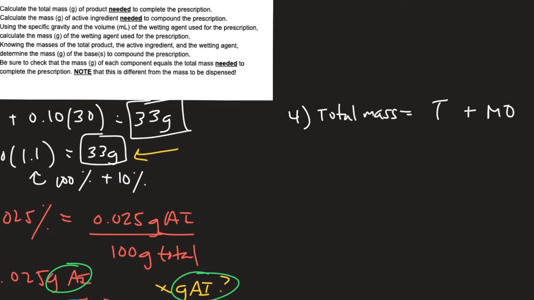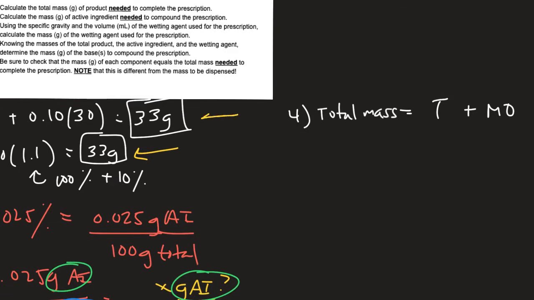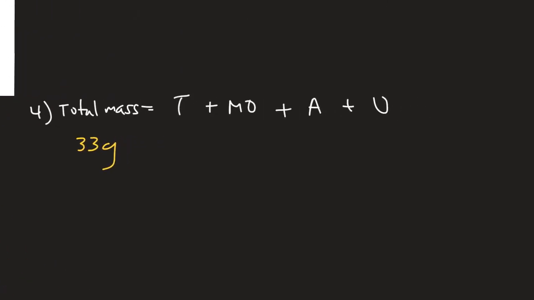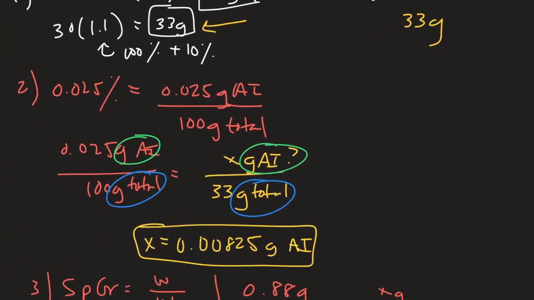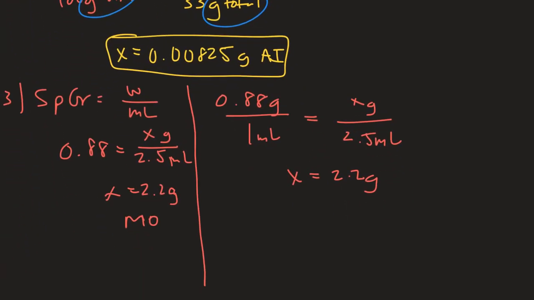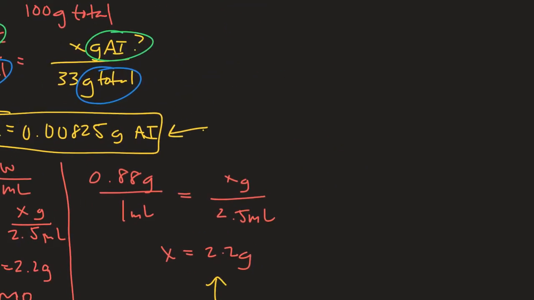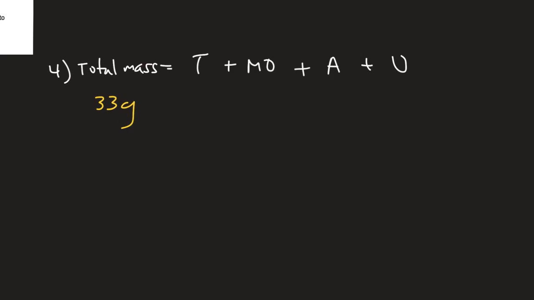We know the total mass is 33 grams. We know the Triamcinolone mass was 0.00825, and the mass of mineral oil was 2.2 grams, plus aqua base plus urea.